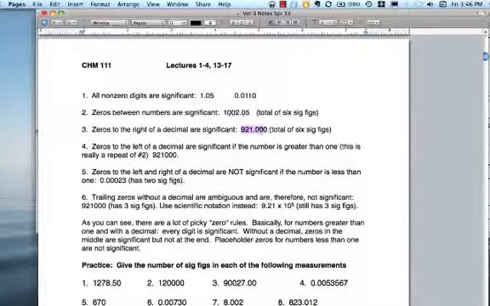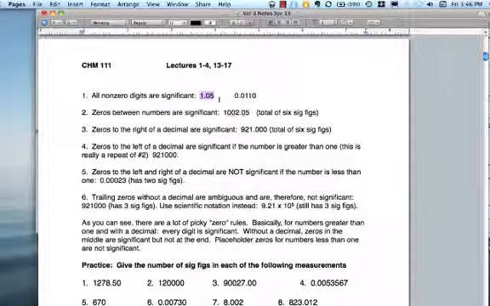Here's another, 6 significant figures. Okay? Where it becomes tricky is when you have a number less than 1. Here's another number, greater than 1 with a decimal, 3 significant figures. So that is the big one. If it has a decimal and the number is greater than 1, count everything.